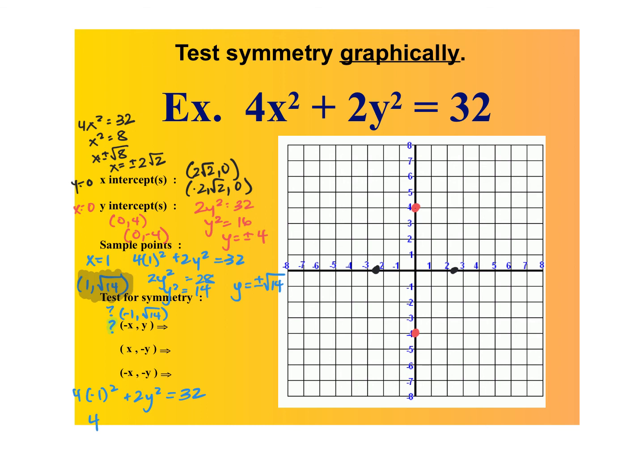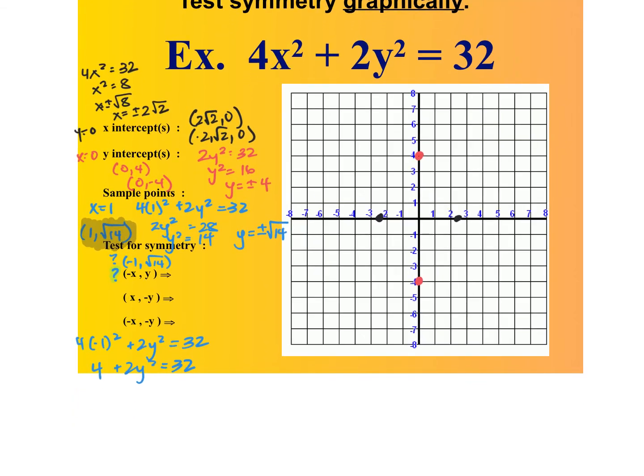So that's going to give me still 4 plus 2y squared is equal to 32. Continuing to solve for y, we end up with y squared is equal to 14, which means y is equal to plus or minus the square root of 14, which means that yes, negative 1 comma square root of 14 is on my graph.